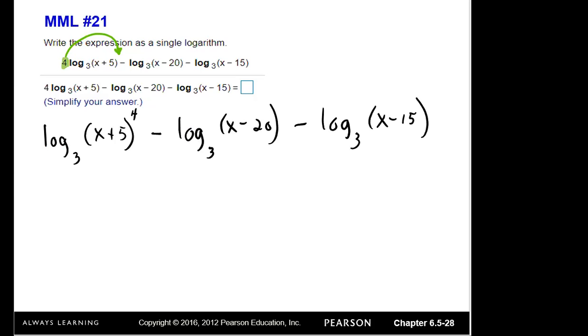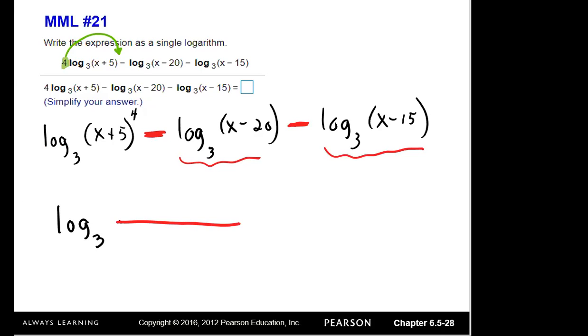Because I have a subtraction sign here and also a subtraction sign here, anything that's behind a subtraction sign goes in the denominator. So as a single logarithm, this is going to be log base 3, and then here's the fraction bar.